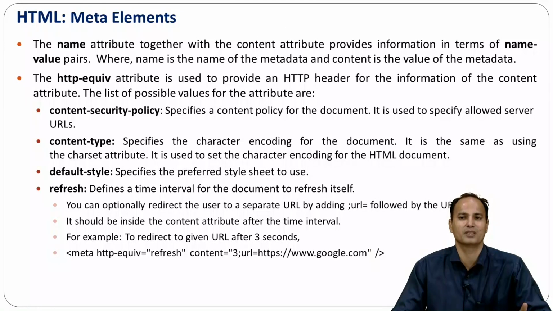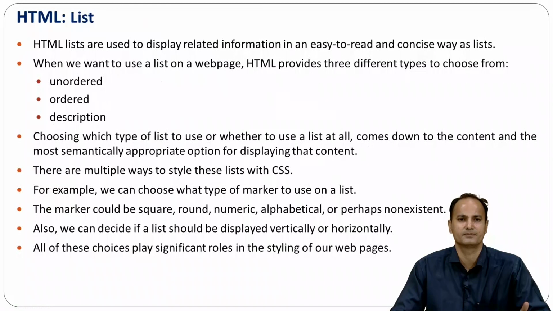It is used to specify allowed server URLs. content-type specifies the character encoding for the document. It is the same as using the charset attribute. default-style specifies the preferred style set to use. refresh defines a time interval for the document to refresh itself. So these are various attributes used with the meta element.